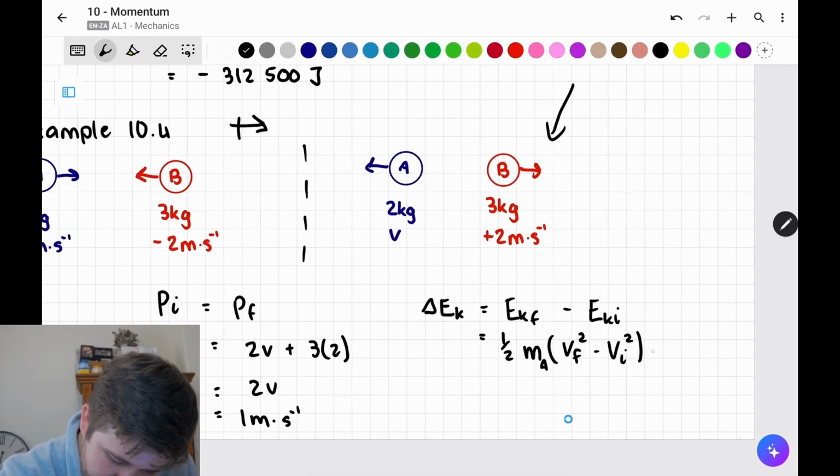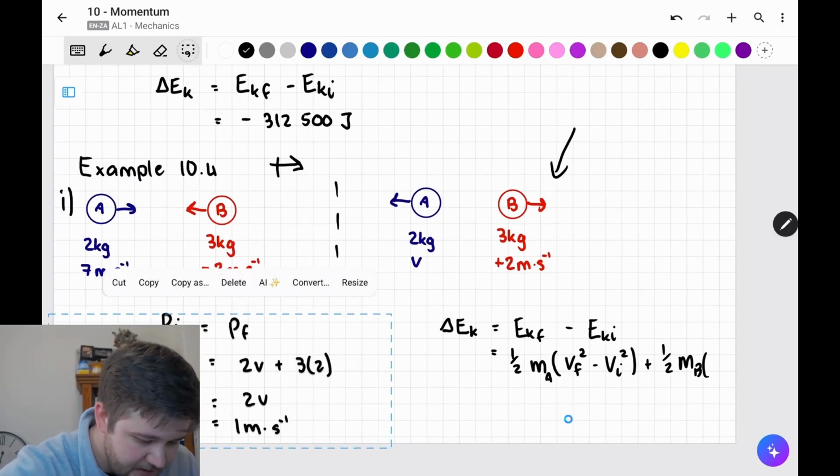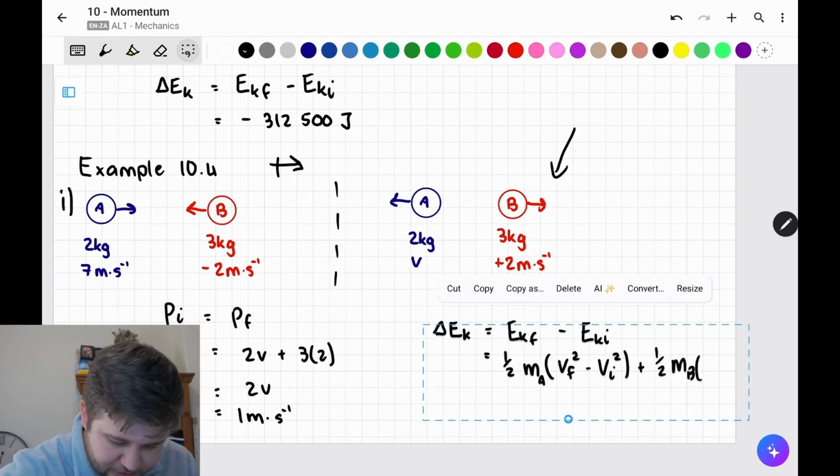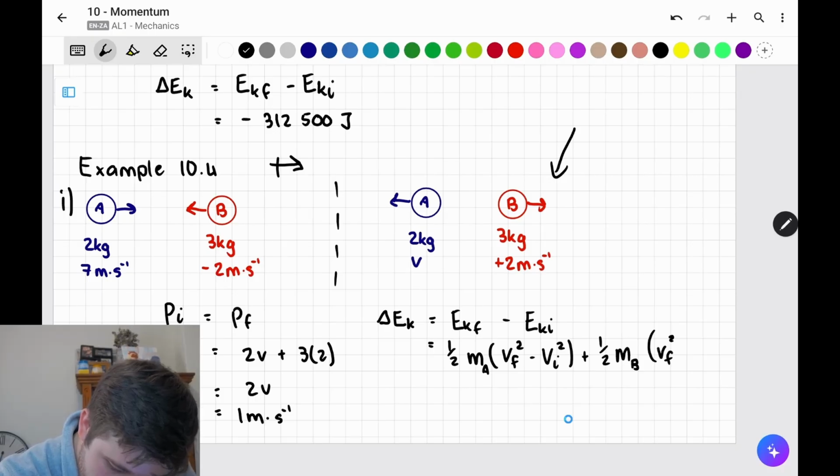Okay. Plus, we're adding half the mass of B, and then let's just give ourselves a little bit more space here. That should do it. Okay, the mass of object B, its velocity final minus its velocity initial.